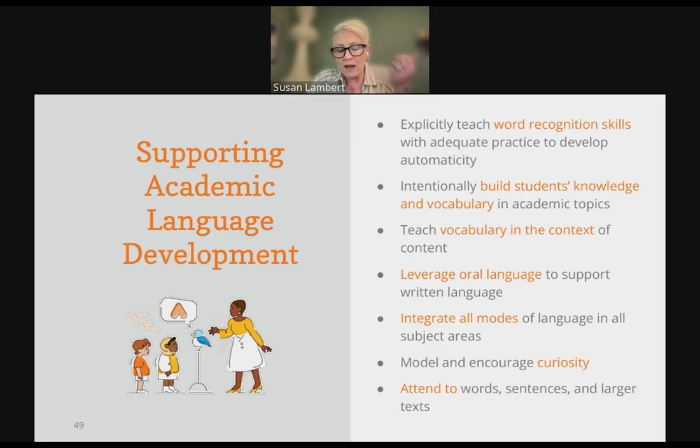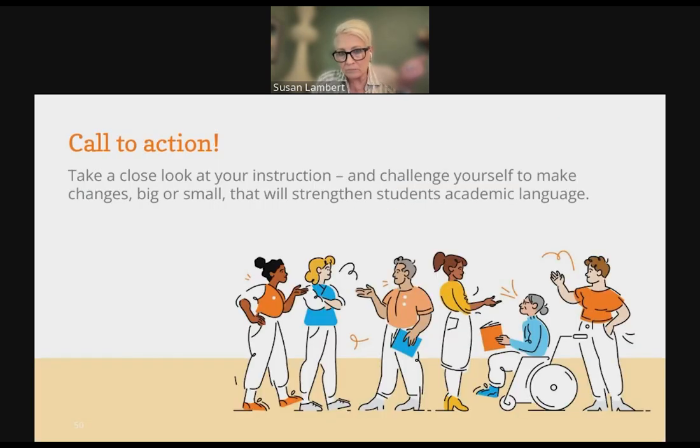Whether that be at the lesson level or the overall unit level. Are there some changes you can make, maybe small changes, and see what kind of impact it actually has on students in your classroom and how they talk about the topics they're learning about, how they read about the topics they're learning about, and how they write about it.